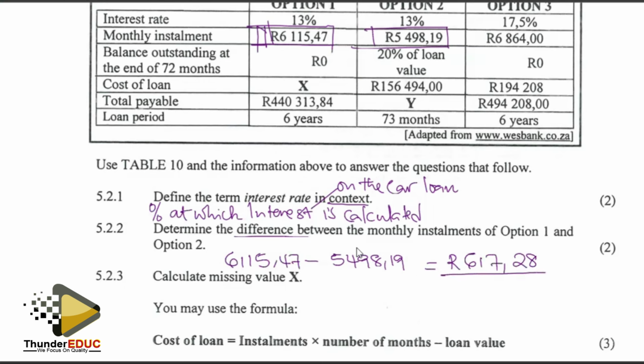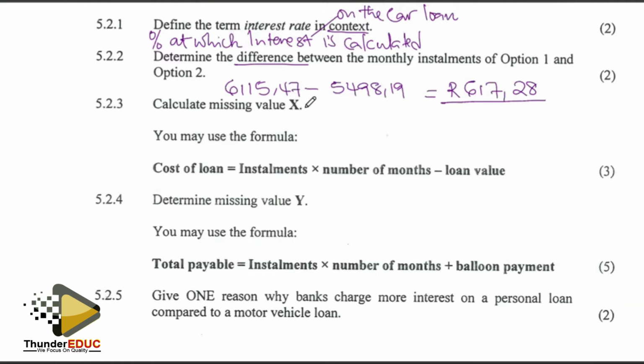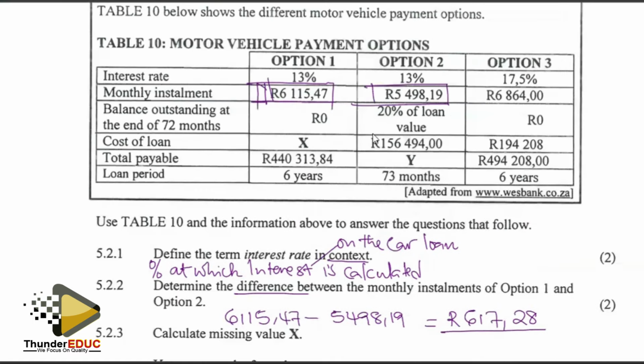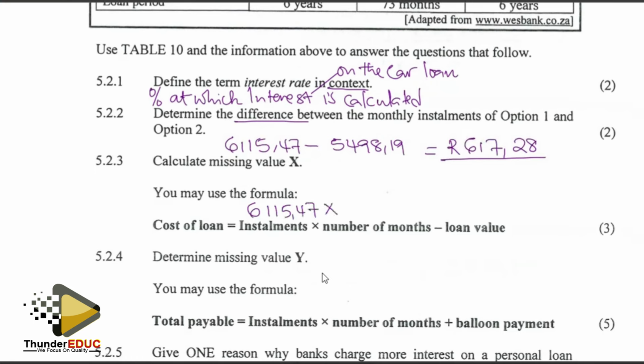You may use the formula to find the calculation of x. Calculation of x is saying installment. So x is in option number one. Look at that. And the installment is 6,115.47 times the number of months.